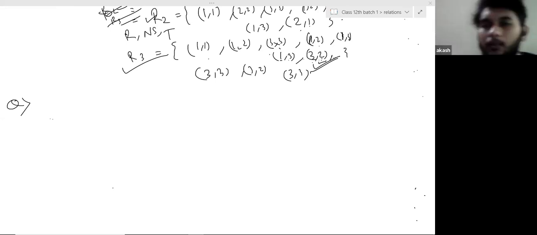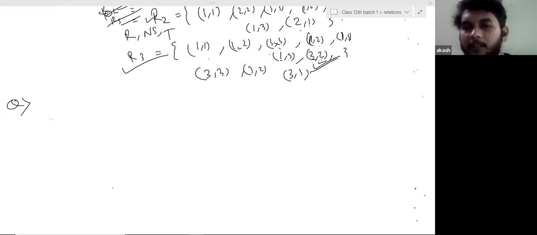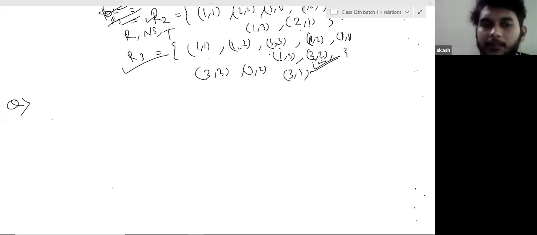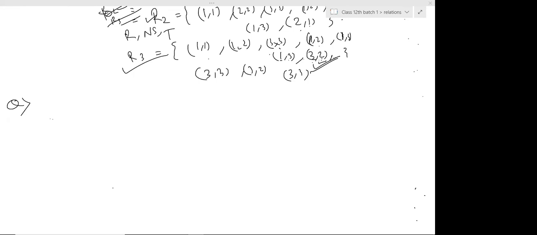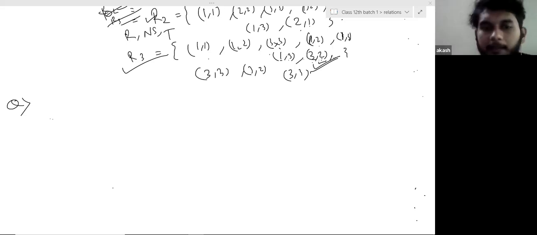Till now we have been solving symmetric, reflexive, and so on. Does anyone remember what an equivalence relation is? When all three are true, then it is called an equivalence relation. Absolutely right.